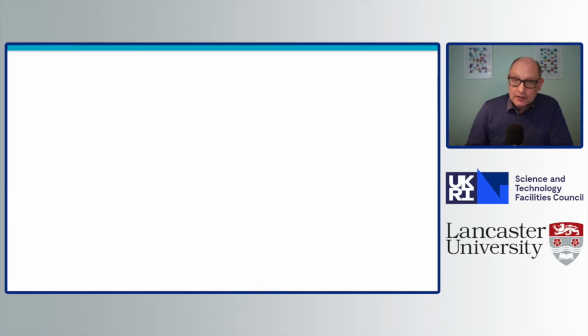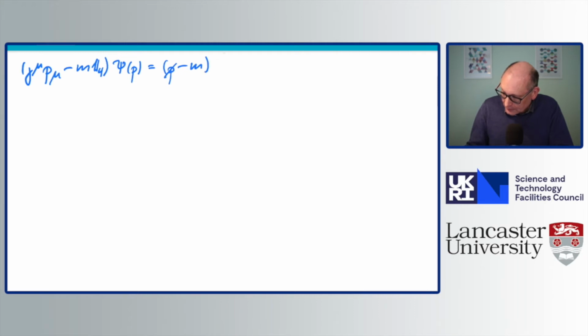So the Dirac equation written in momentum space is (gamma^mu p_mu minus m times the identity matrix in spinor space) psi of p is equal to zero. In Dirac notation we write the same thing, (p-slash minus m) psi of p, and the Dirac equation says that this must be 0.